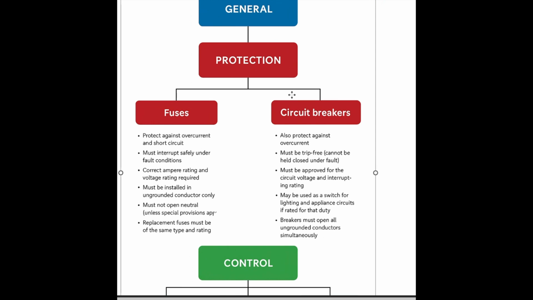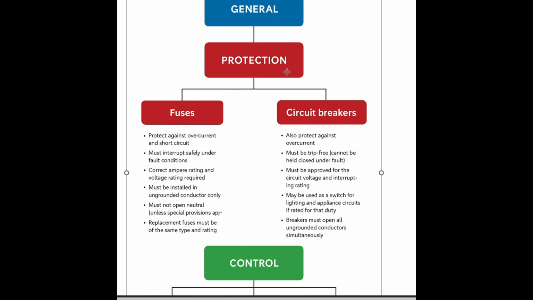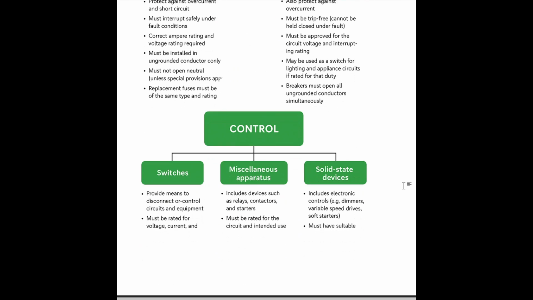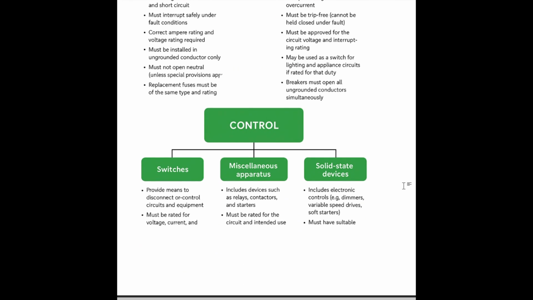But how does that differ from control then? Control means being able to direct how that electricity flows. Control is in the 14400s to 14600s of the Canadian Electrical Code. It's in Articles 404, 430, and 409, and a couple other ones in the National Electrical Code.